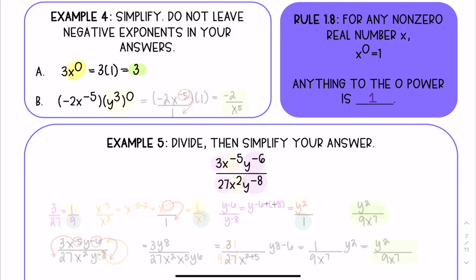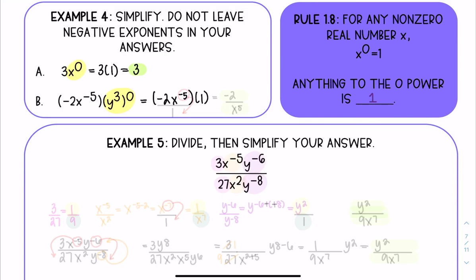Let's look at the second one. It's a little bit more in depth. So we have negative 2x to the negative 5, and then y cubed to the 0. So this y cubed to the 0 is going to turn into 1. So let's just rewrite that really quick. We have negative 2x to the negative 5, and then times 1.